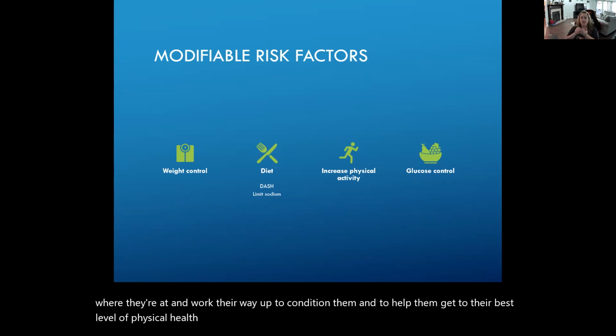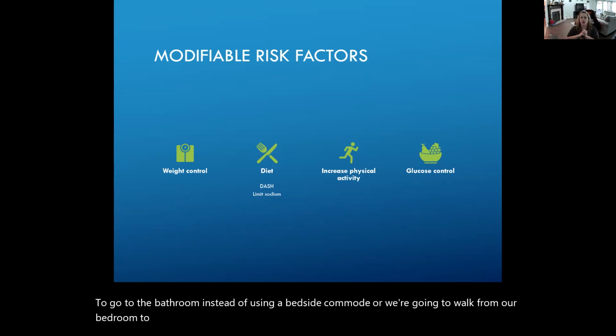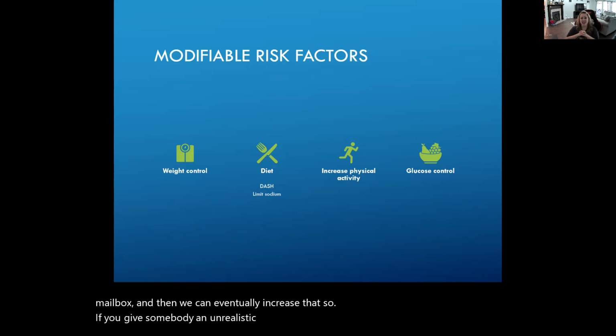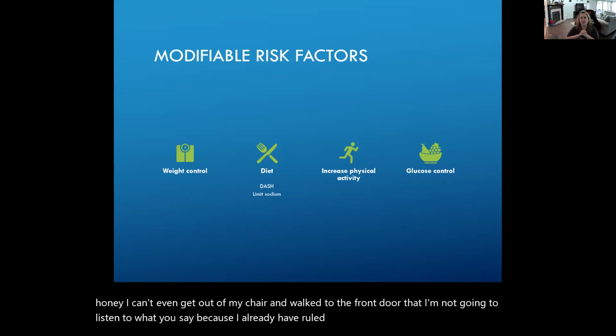So for somebody, it may be, okay, we're going to walk to the bathroom instead of using a bedside commode. Or we're going to walk from our bedroom to the kitchen door. Or we're going to increase that from the door to the mailbox. And then we can eventually increase that. If you give somebody an unrealistic expectation of you need to walk 30 minutes a day, and they say, honey, I can't even get out of my chair and walk to the front door, then I'm not going to listen to a word you say, because I've already ruled that out as not going to happen for me.